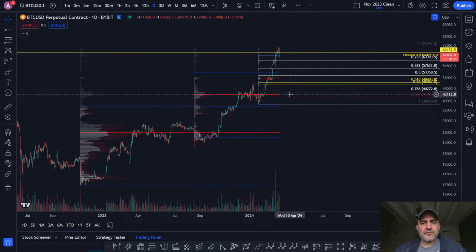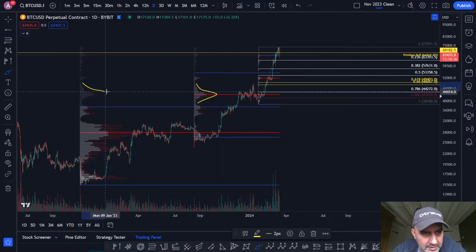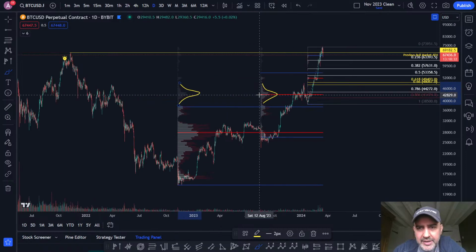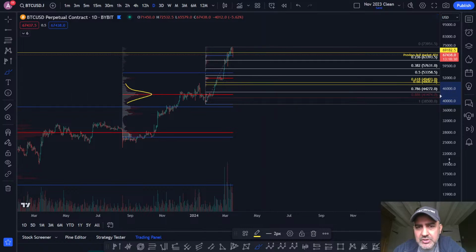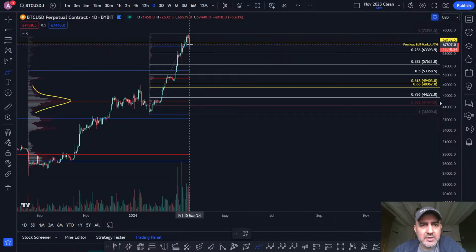I mean, 42 is the line in the sand, isn't it? Because you can see that there's quite a lot of volume here. See that? We've got quite high volume here. That was quite a long consolidation range. And on this correction, if it was a deep correction, like where we are, if we were to go down, then you're coming down into a very nice area for taking longs.